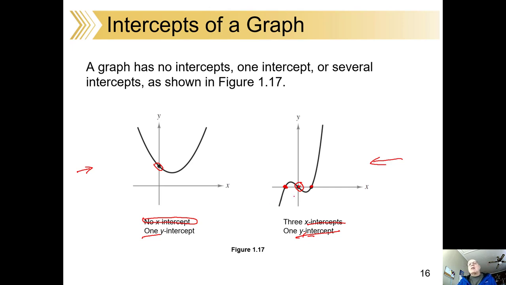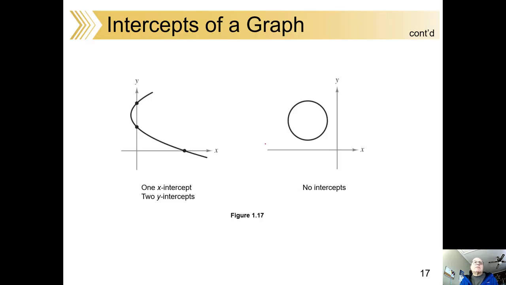You'll notice that one of those intercepts is both an x-intercept and a y-intercept. That can happen. But it's easy to tell what your x-intercepts and y-intercepts are just by eyeballing it once you've got the graph.